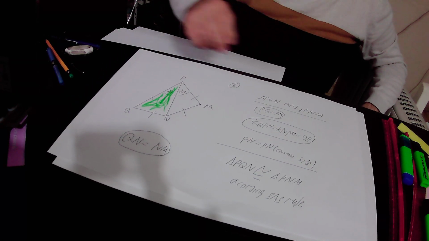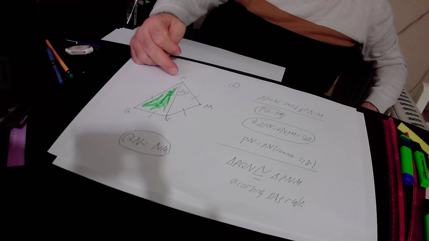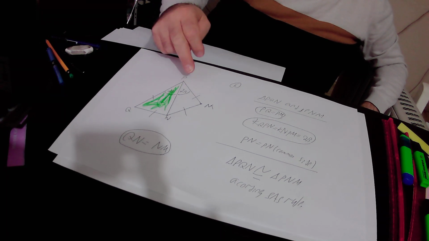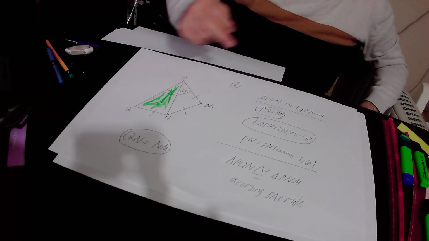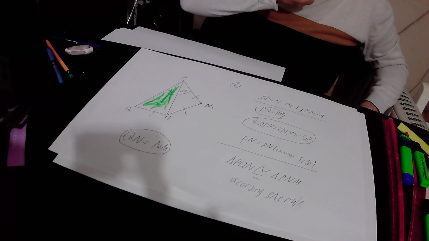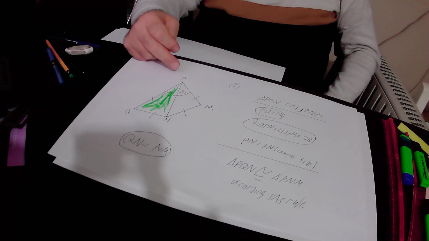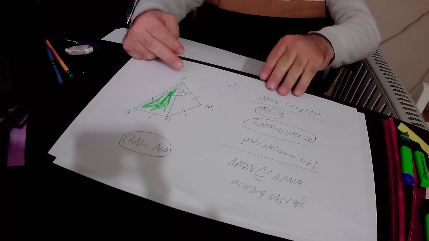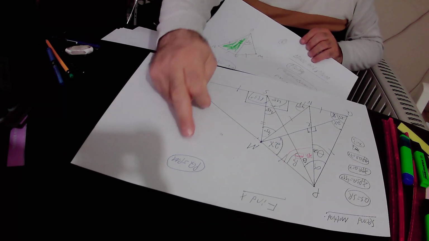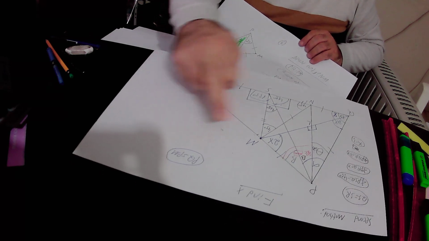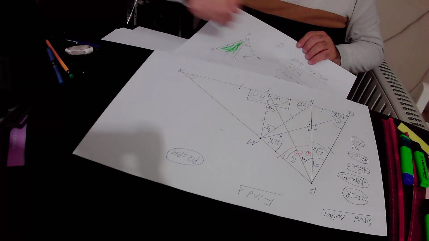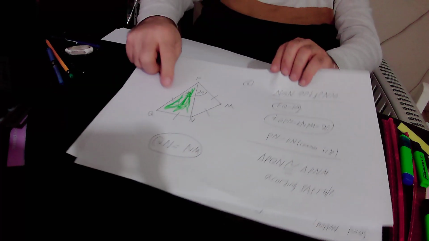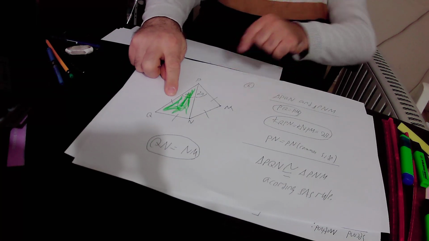Then we proved that the green triangle PQN is congruent to the white triangle PNM. Why are they congruent to each other? First of all, we know that PQ equals PN because of those two angles that are equal to each other, therefore PQ equals PN.